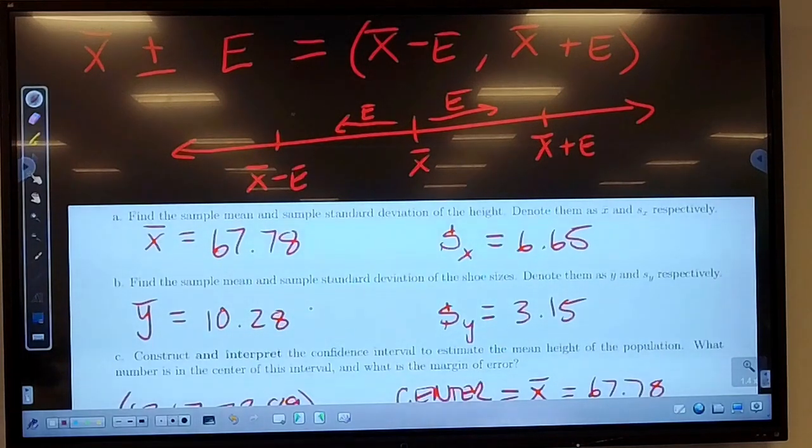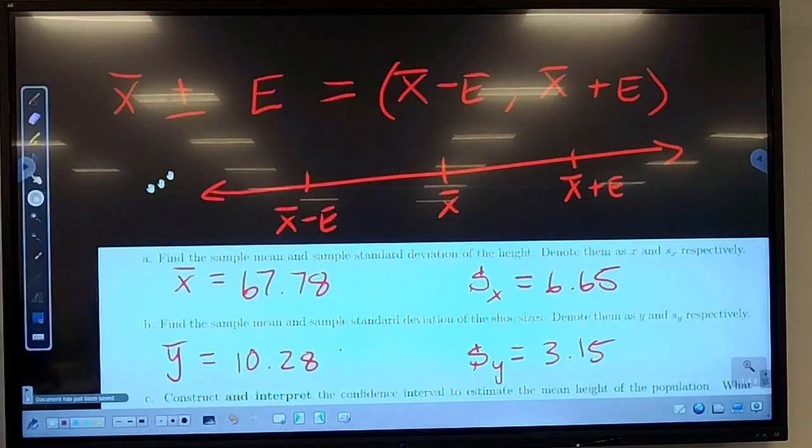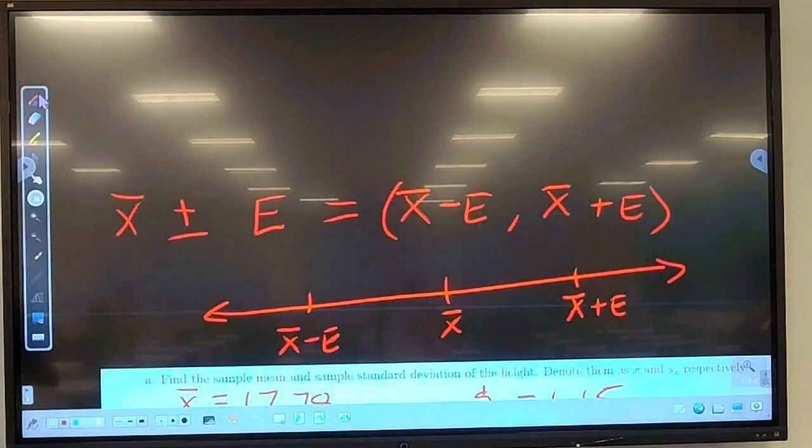Look at how many errors there are here. There's this one, and then there's this one. You can see in the picture then that the distance between the two limits of the interval must be twice the error. The easiest such example I could think of would be 0 plus or minus 1.